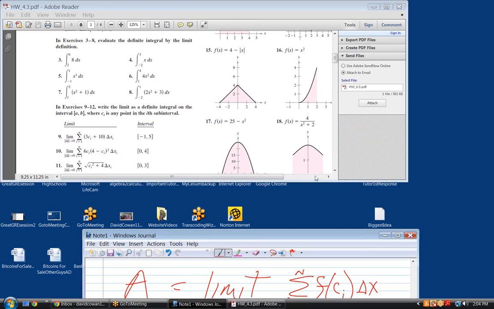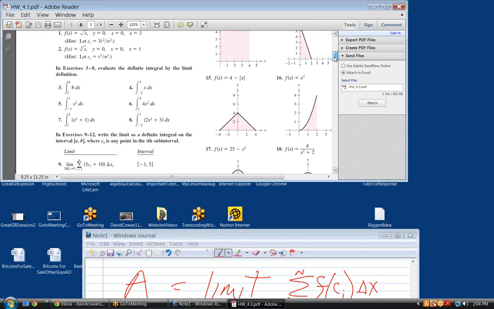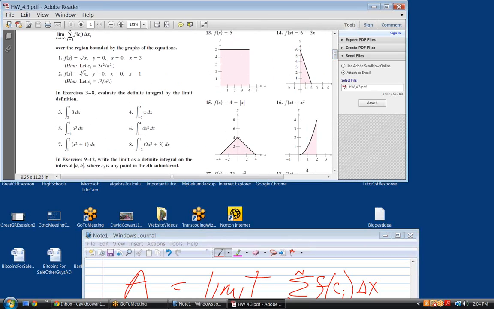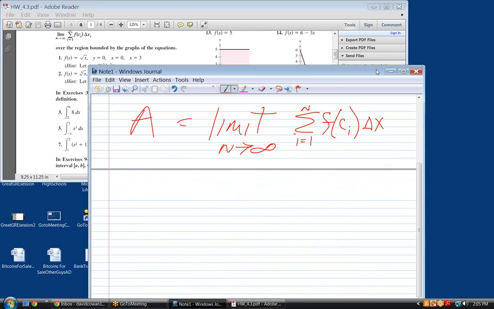In fact, I spent a couple hours this morning trying to do 1 and 2, and I couldn't come up with an answer that agreed with them. Of course, I know what the answer is because there's an easy way to do 1 and 2. The easy way is to take the integral of that function and evaluate it.